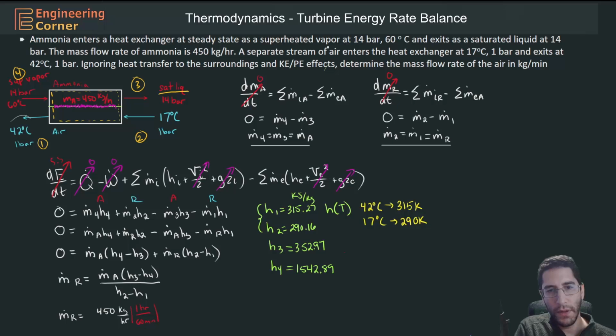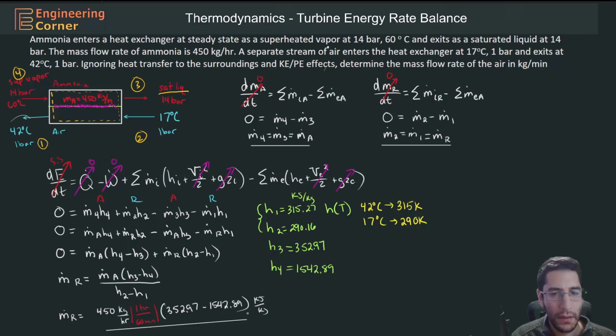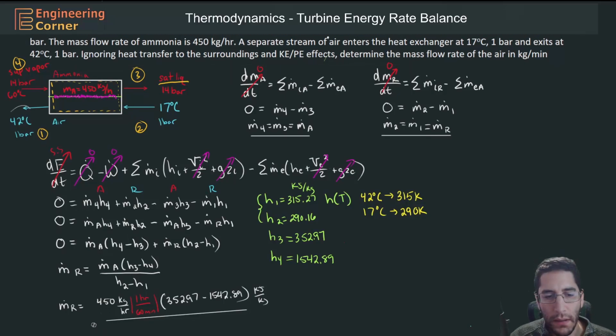Then we continue with H3 minus H4, so 1542.89, in kilojoules per kilogram, and we divide by H2 minus H1, so 290.16 minus 315.27.